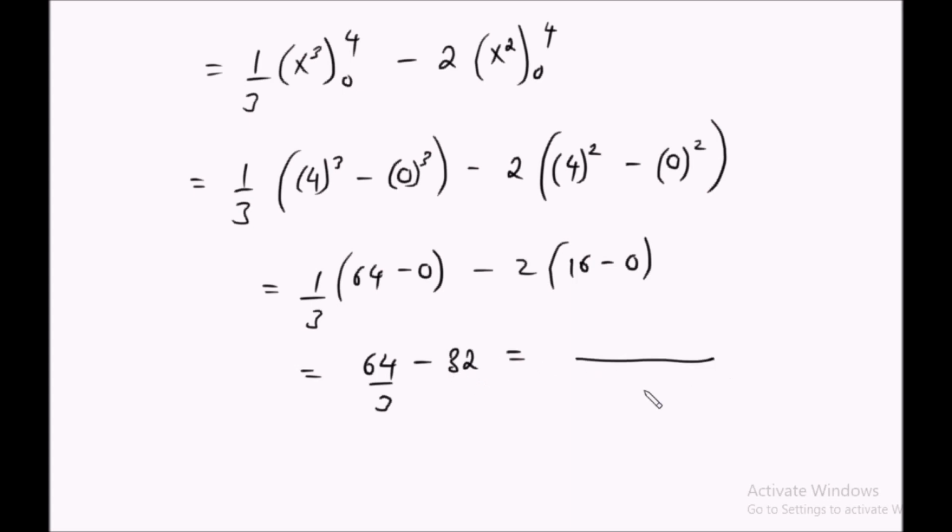I don't have a calculator so I will do it old school. It will be 64 minus, here we will have 96, yeah. So this will be equal to negative 32 over 3.